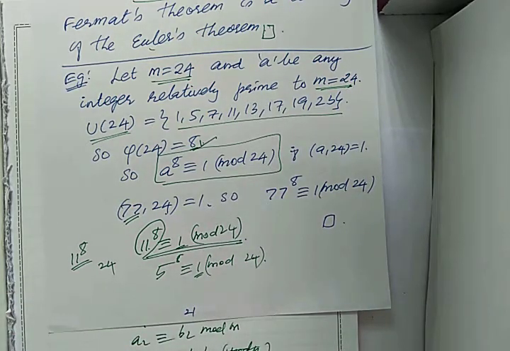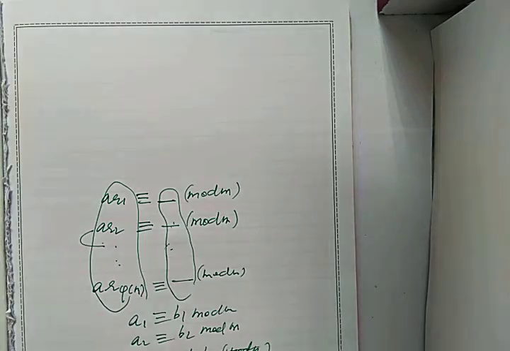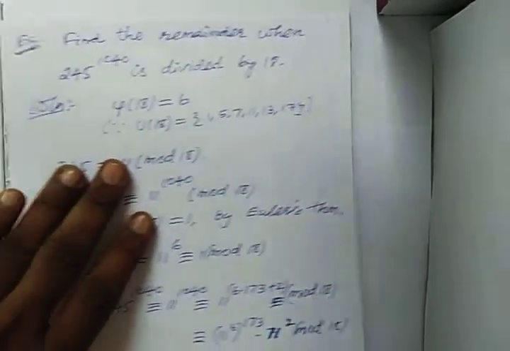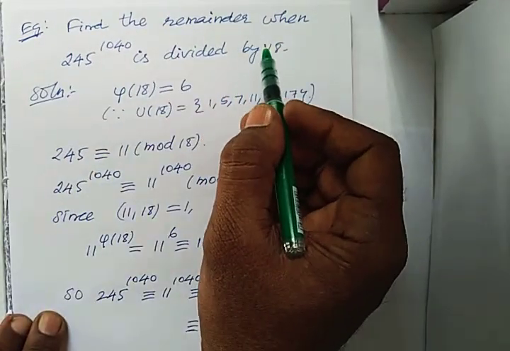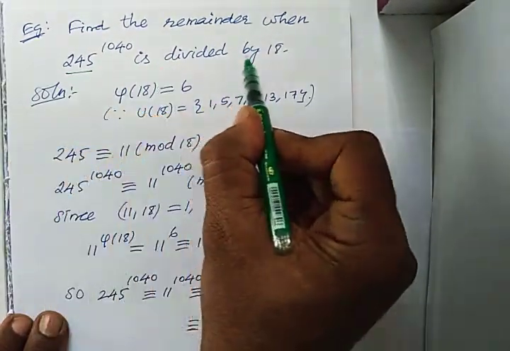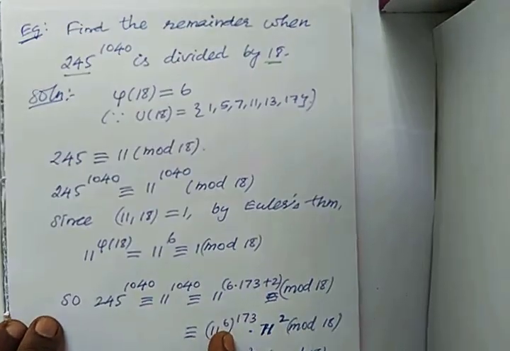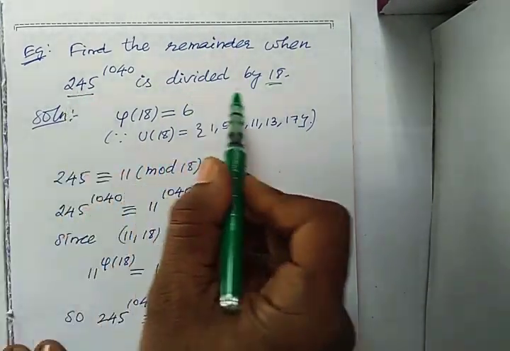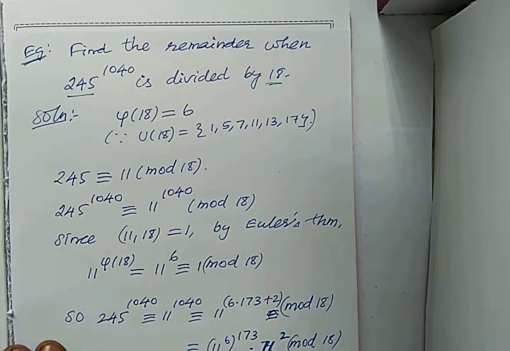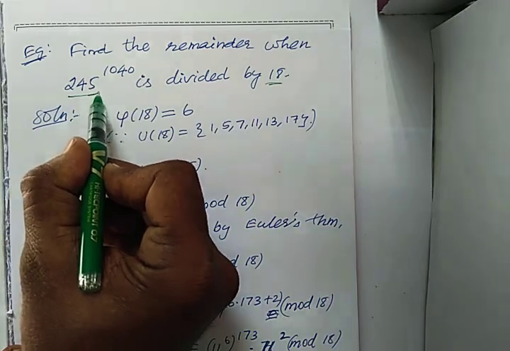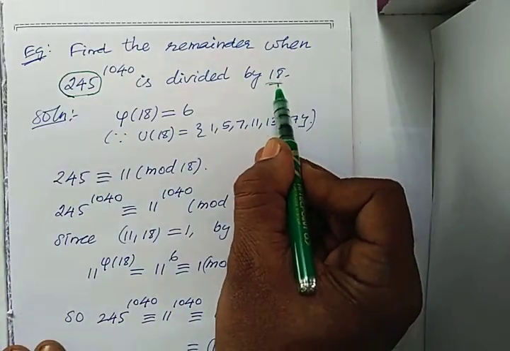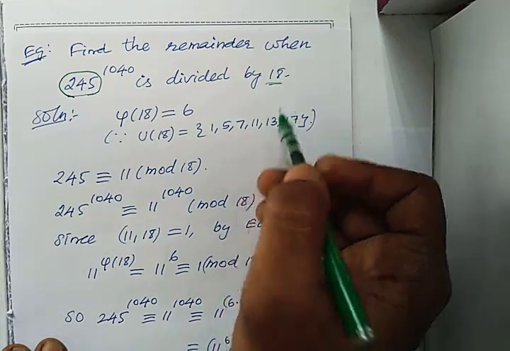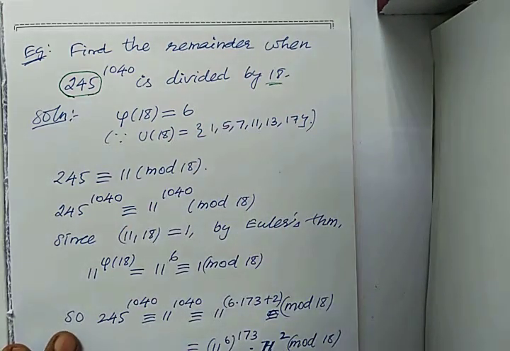Now let us solve an example problem. Find the remainder when this one is divided by 18. Students, mostly we will try to reduce this base smaller than this number all the time, so that our calculations will be easy.